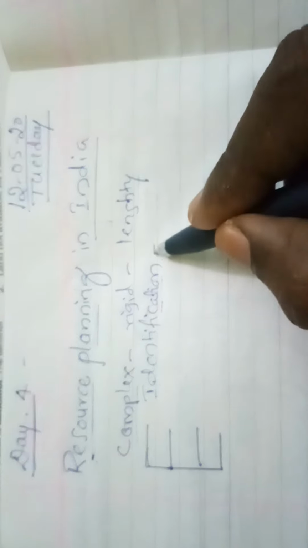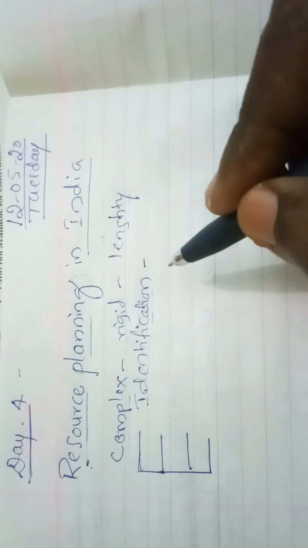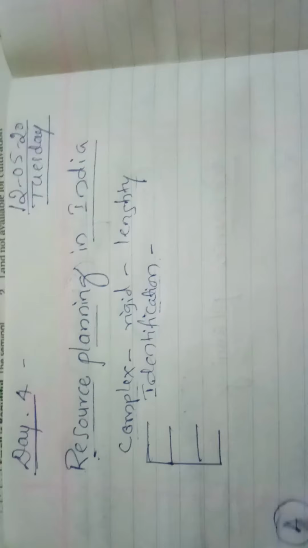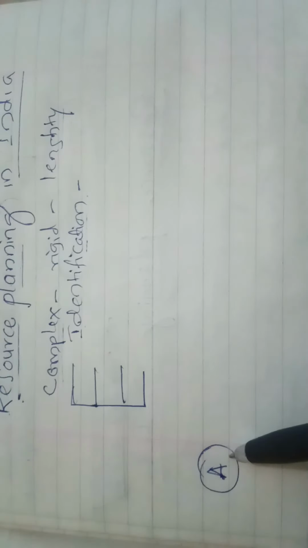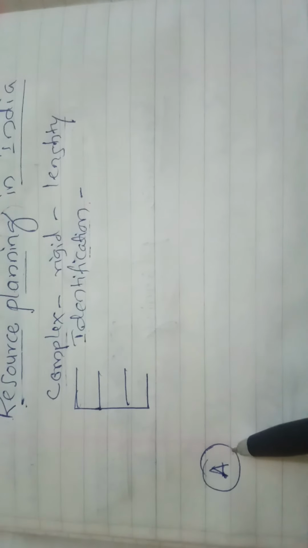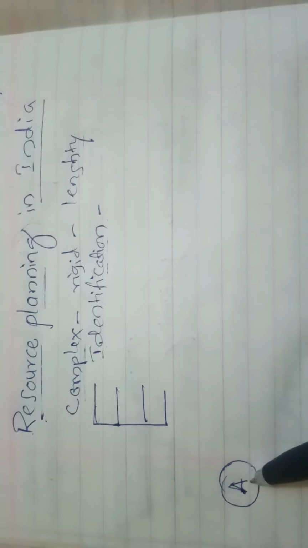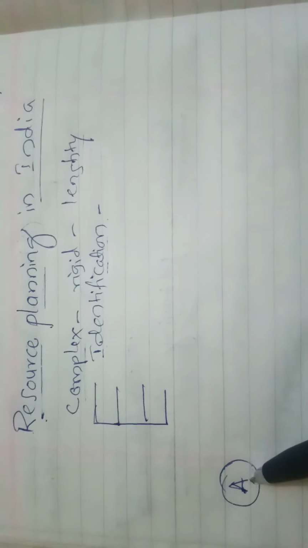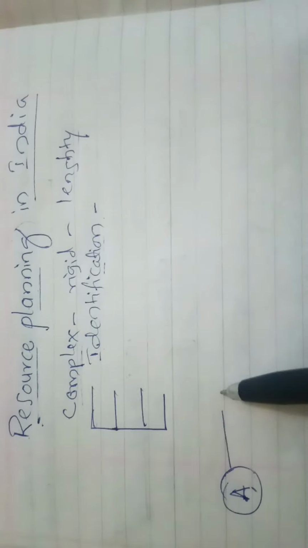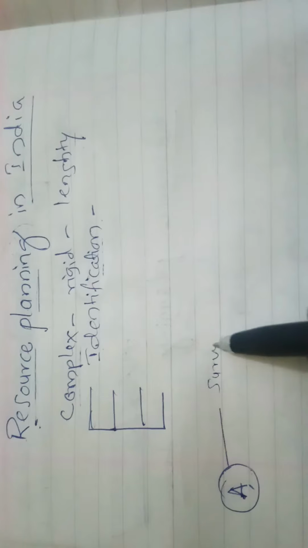So what does identification mainly involve? Suppose A is the region. It is identified that A is the region where the particular resource is available. This place is identified by conducting a survey.